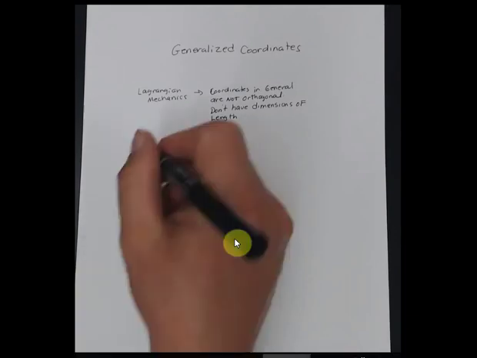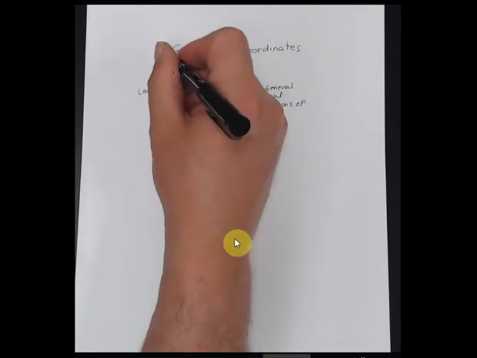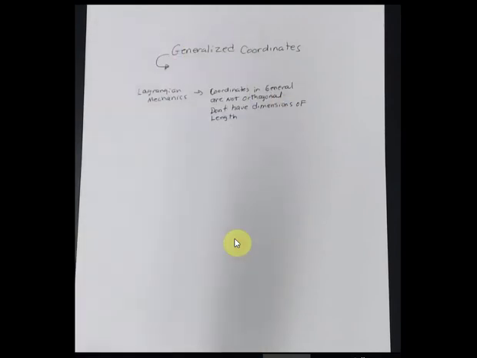So what generalized coordinates are, the definition, if you will, is that it's the term used to denote the coordinates used to completely describe the system.